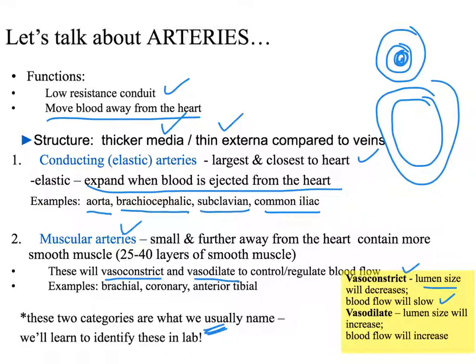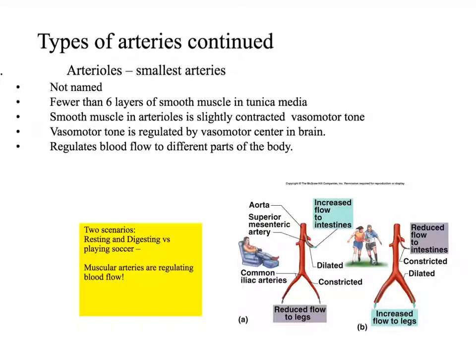We don't do it in lecture. Now, the smallest kind of arteries are called arterioles. They're like baby arteries. And I always say in anatomy, the smaller the structure, the longer the word.